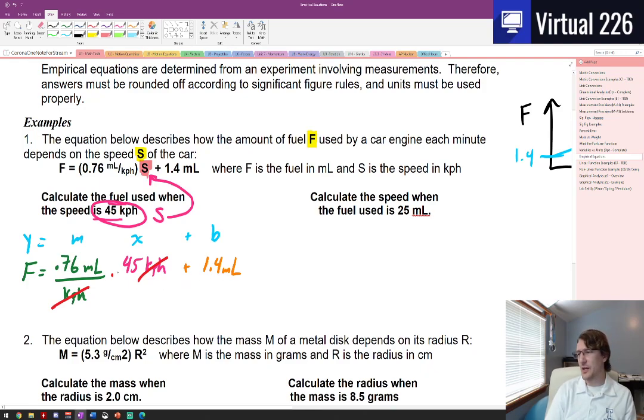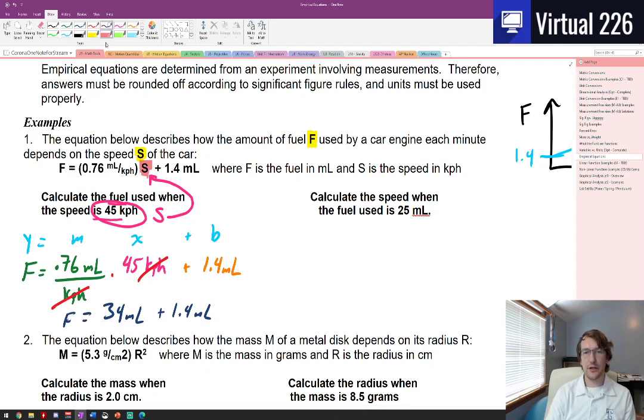So if we do this, we know what we want to do here. It's just a matter of multiplying and then adding and keeping track of sig figs. So when we take 0.76 times 45, both of these have 2 sig figs, so when we multiply this, we're going to get 34 milliliters, and we have to add that to 1.4 milliliters to equal our fuel amounts.